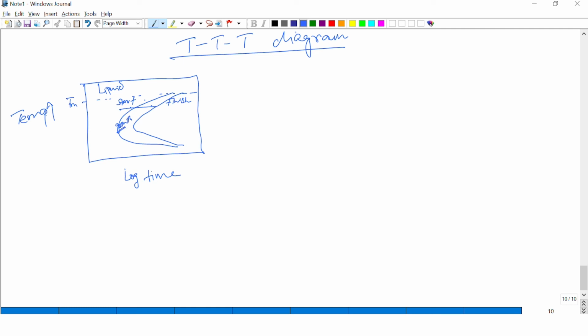So, this region between these two C curves is the growth of the solid, right, where you have both solid and liquid together.